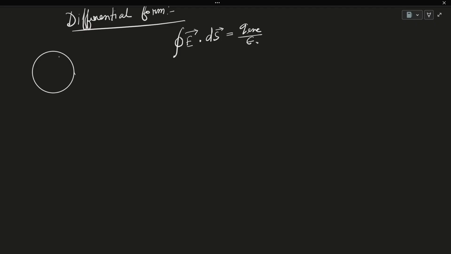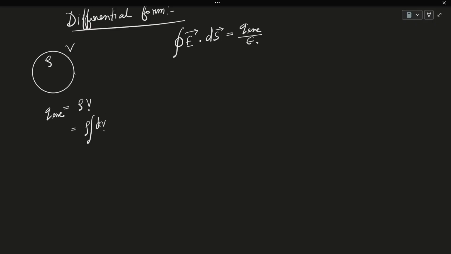If this sphere is enclosing a volume V, and its charge density is rho, then I can write that q enclosed, that means the total charge inside this volume, will be rho into V, right? And V can be written as the integration of dV.